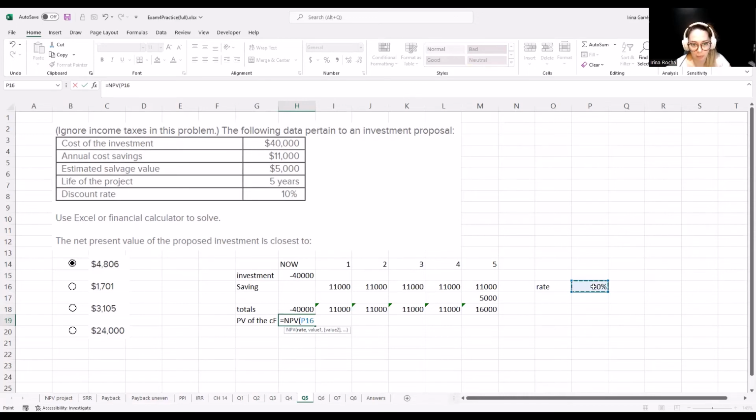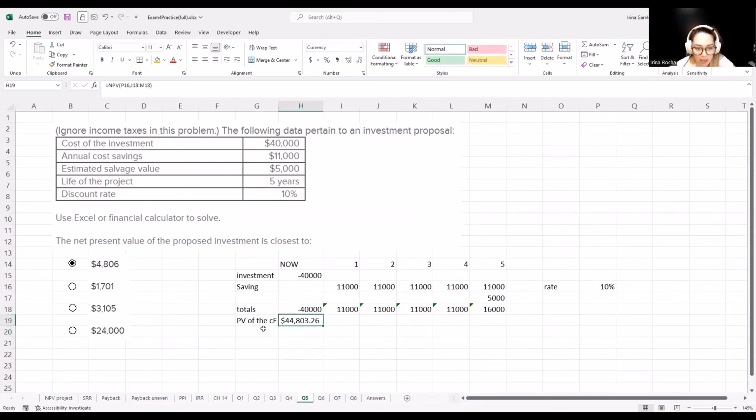I'm going to use a 10% rate and select all of these. It's not the sum. I have to select value, value, value, value, value. Instead of clicking on each one individually, we just drag that selection. And that's the answer that I have for the present value of the inflows. But they're not asking that. They're asking for the net present value of the proposed investment.